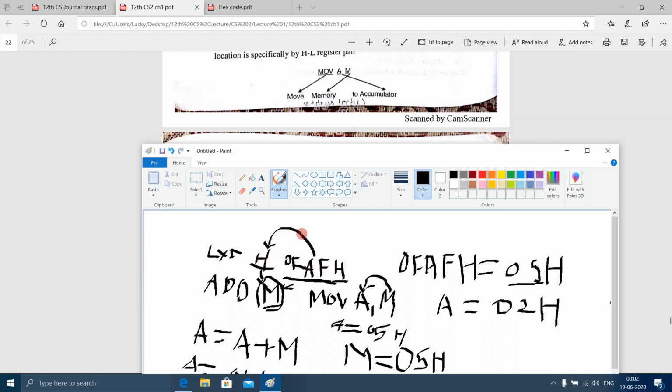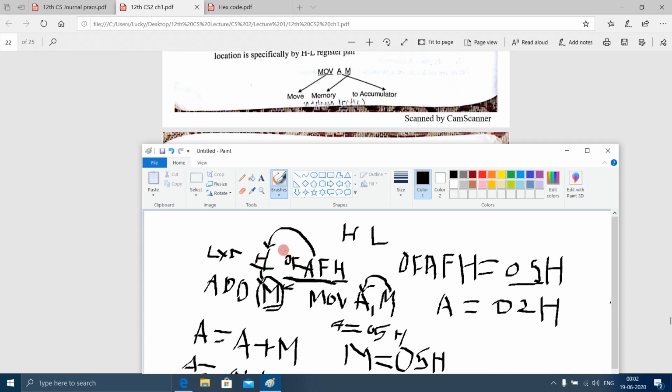Why do we require the HL register pair? Why not only H, or only L? Because the H register is 8 bits and the L register is 8 bits. So 8 plus 8 is 16. Because this is a 16-bit address, we require a register pair.